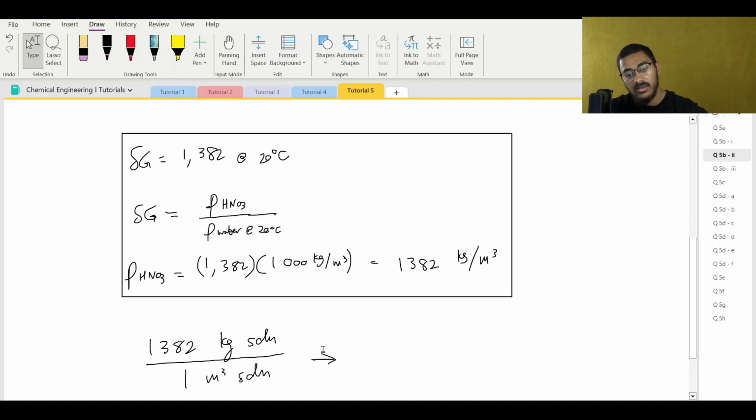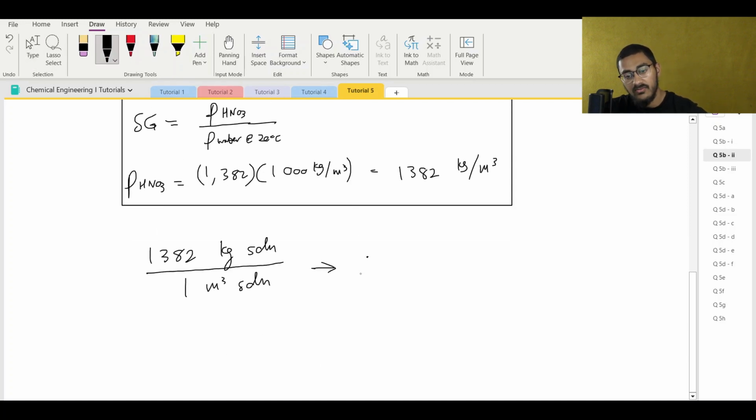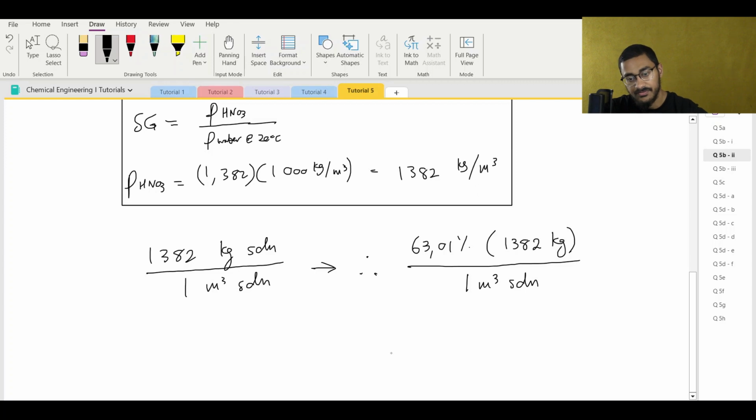Okay? And I'm going to say, therefore, I have 63.01% of this 1382 is going to be nitric acid. And then again, divide that by 1 cubic meter of solution. And that is going to equal to, I don't like this arrow being here, so I'm just going to draw a line, okay?